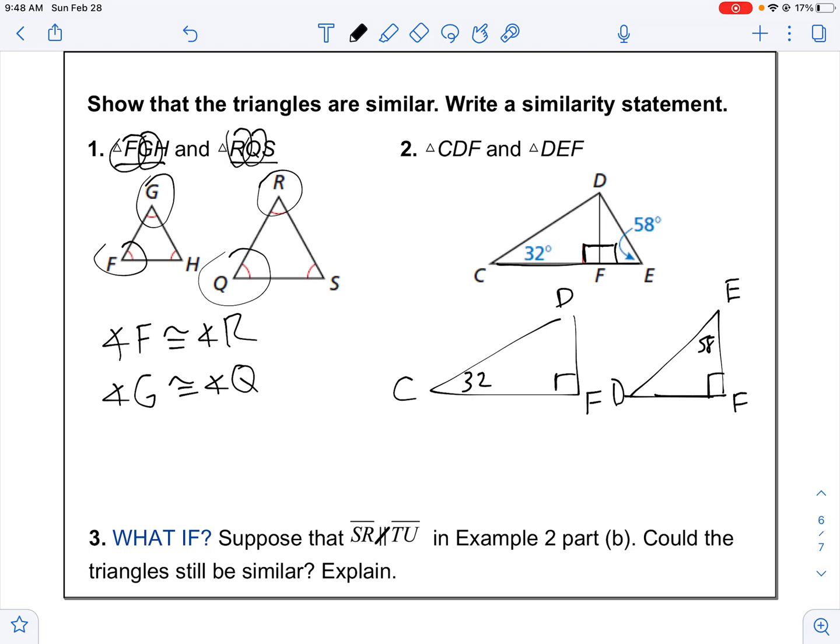Well, I could solve either one because I don't know this, but I do know 1, 2, 3 angles. So I've got 32 plus 90 plus x equals 180. So 122 plus x equals 180. So x is 58.